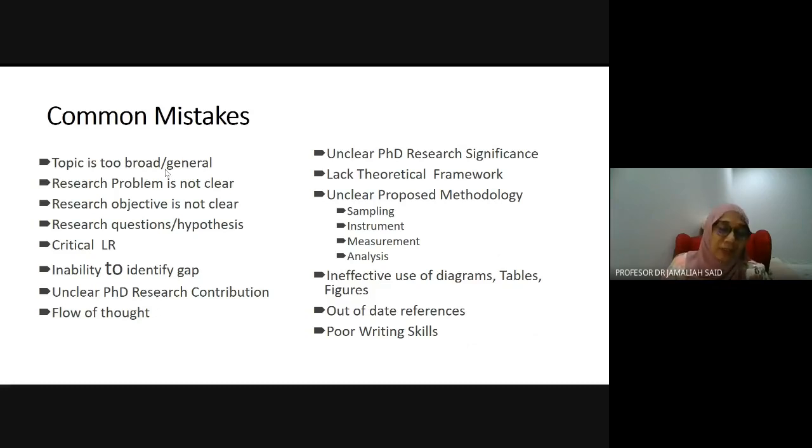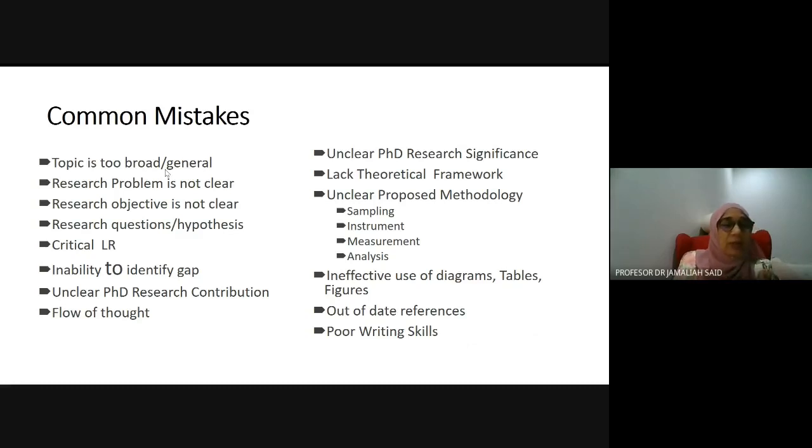Inability to identify gap, this one I really disagree. You know why? When I ask a student, what is different about your study compared to that study or the other study? The students are able to explain in detail. Oh, that study does not do this. That study actually fails to use this.